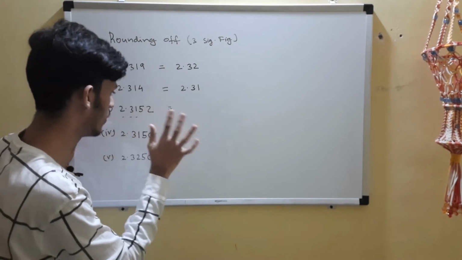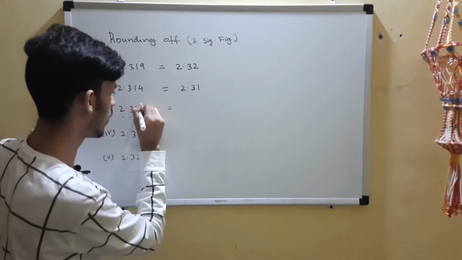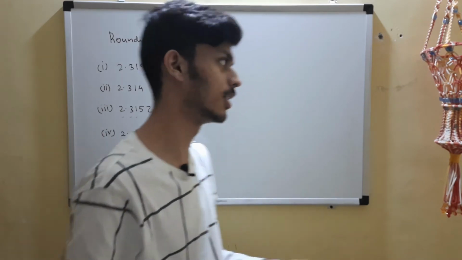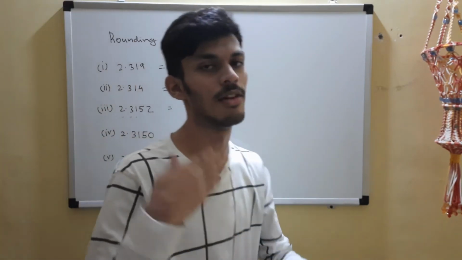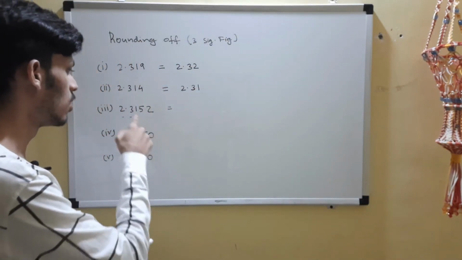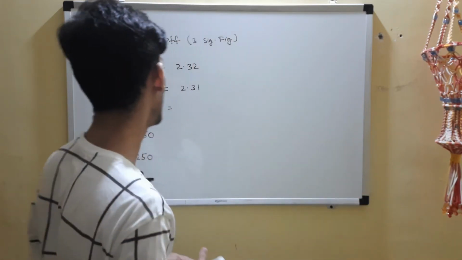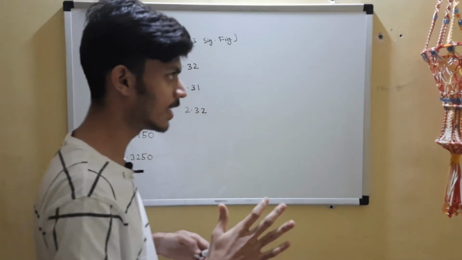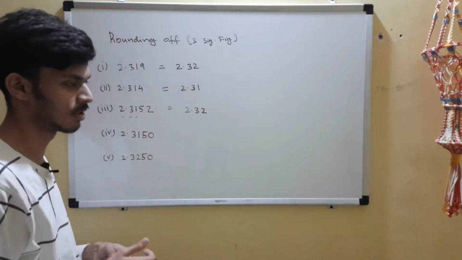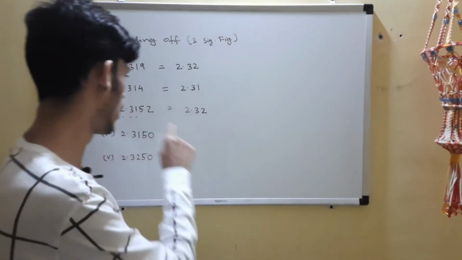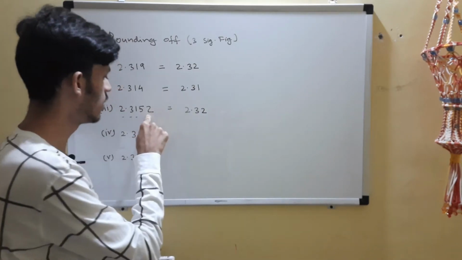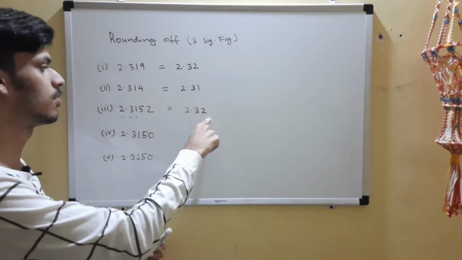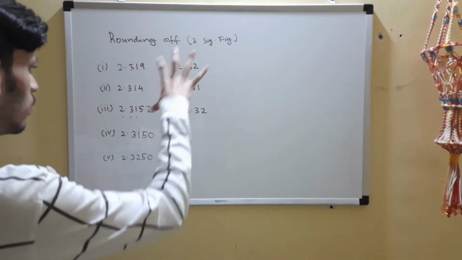Whenever you have 5 followed by some non-zero digit, and this 2 is a non-zero digit, whenever you drop such a number, you have to raise the previous number by 1. If the digits to be dropped have a 5 followed by some non-zero number, here 5 followed by 2, then the previous number should be increased by 1. So this was 1, we increased it, 1 plus 1, so 2. Okay, so we basically got it.